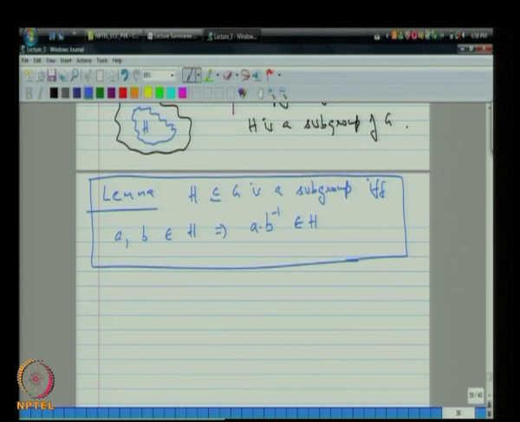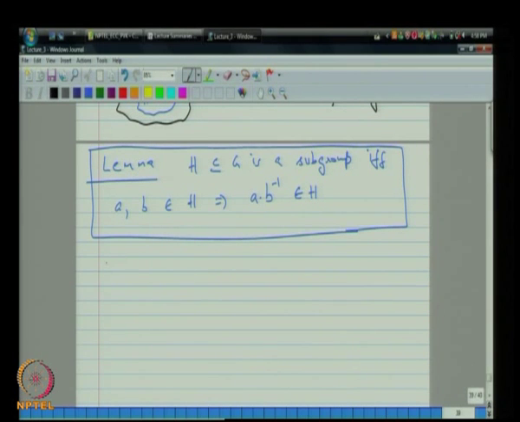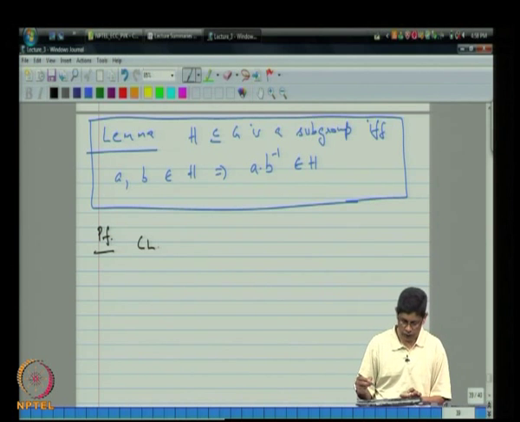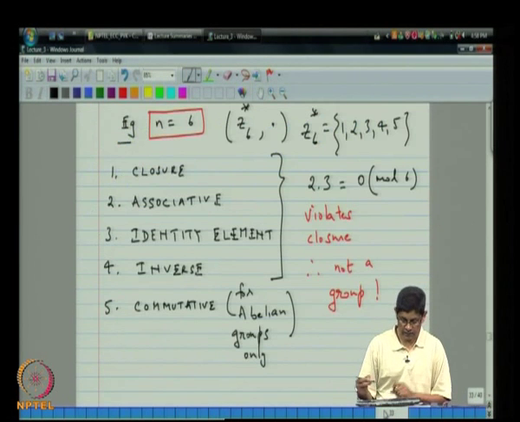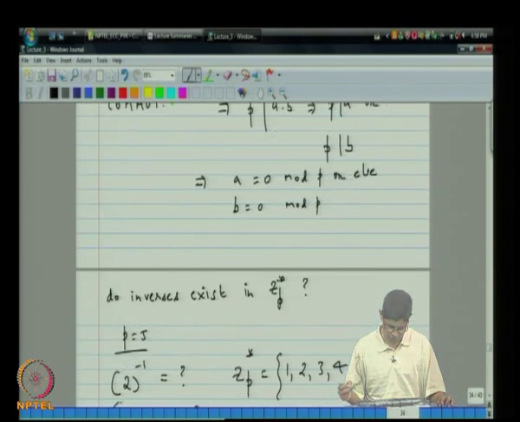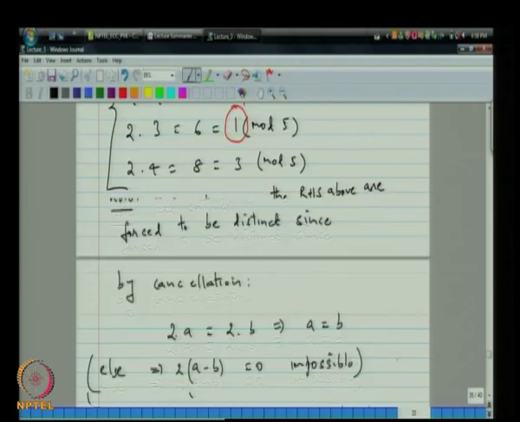In some sense, you have reduced the requirement of checking 4 things to just checking a single item. You will see that it is quite useful when we come to checking whether something is a linear code or not. So, let us go ahead and prove this. So, the proof. Again, let us keep in mind that we need to show that the single test is a valid substitute for the axioms.